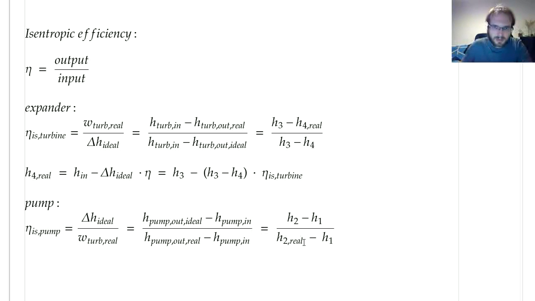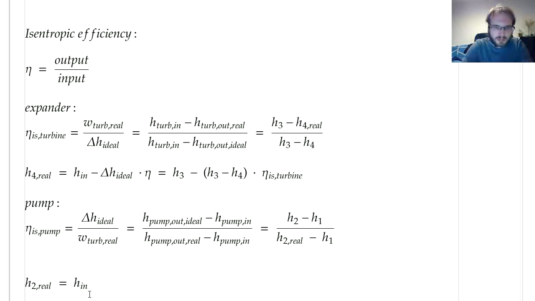And now how to get this enthalpy H2 real after the real pump? Well, similarly as it was for the expander case, we will start again with the starting point. Let's put in H in.